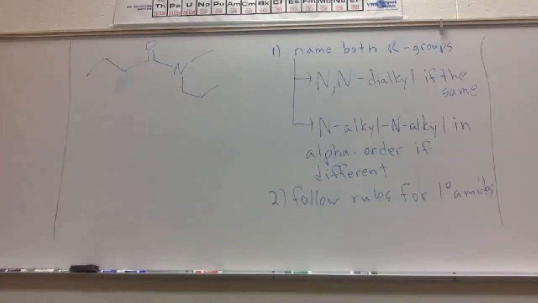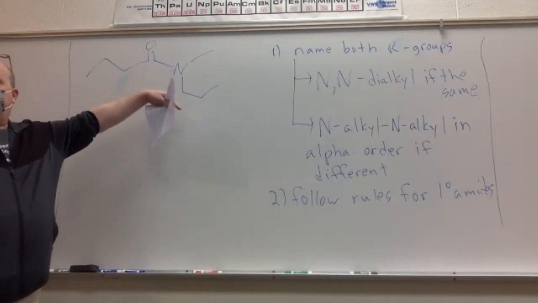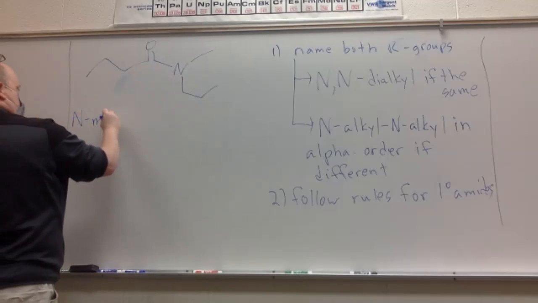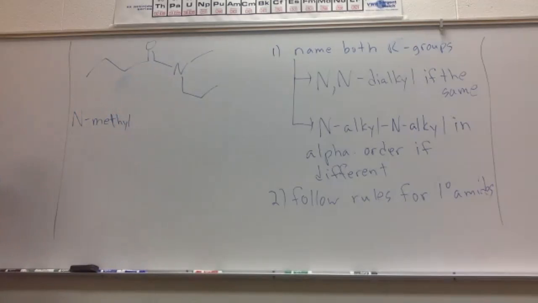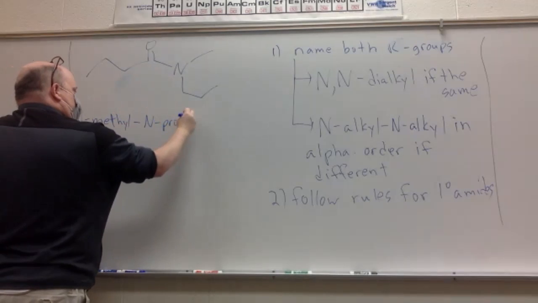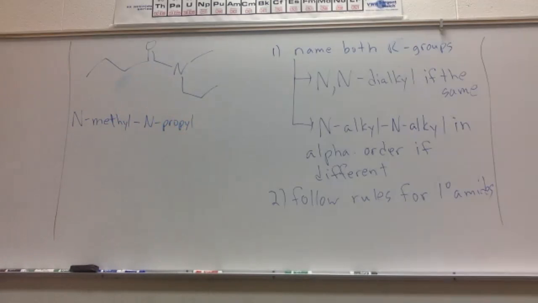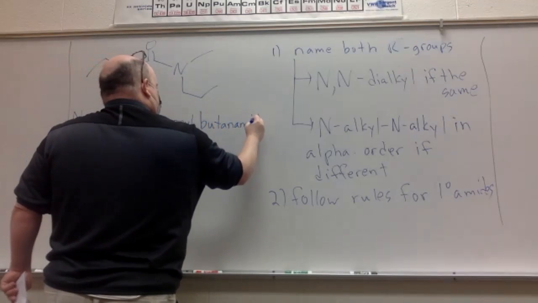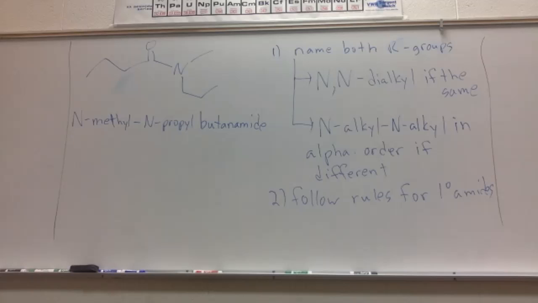Start off with the alkyl groups. You have 2 different ones, right? Methyl and a propyl. So you want to account for both of those. Methyl comes before propyl, so that would be N-methyl, dash, N-propyl. Yep. And then all you have to do is put in the parent name of the amide. Butanamide. Very good. N-methyl N-propyl butanamide.